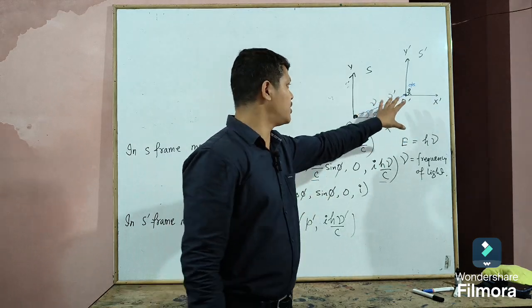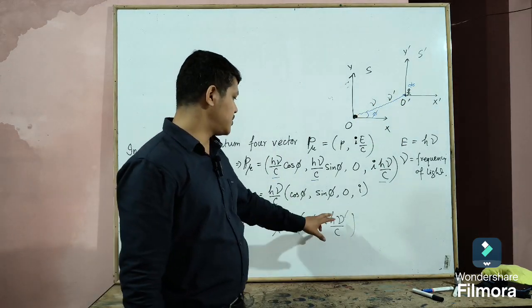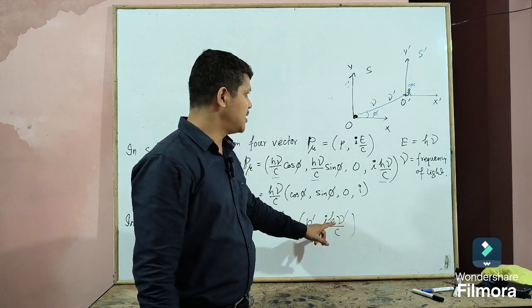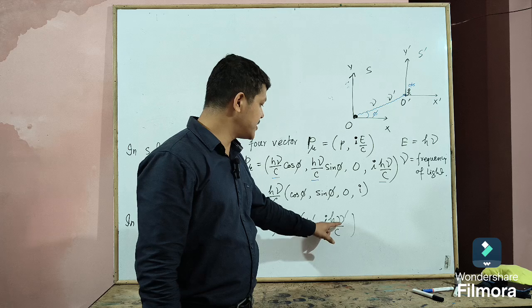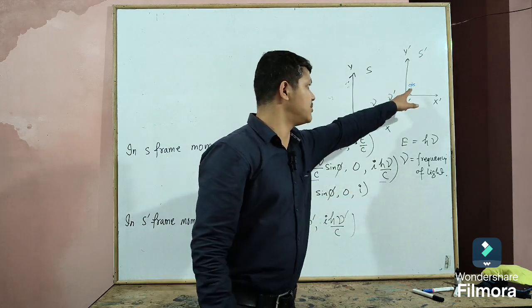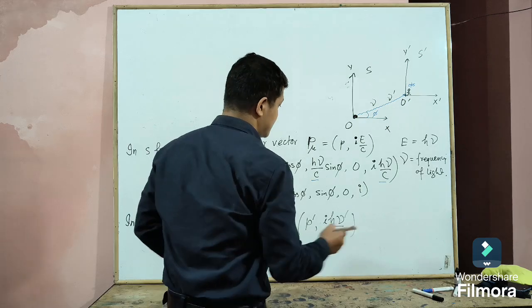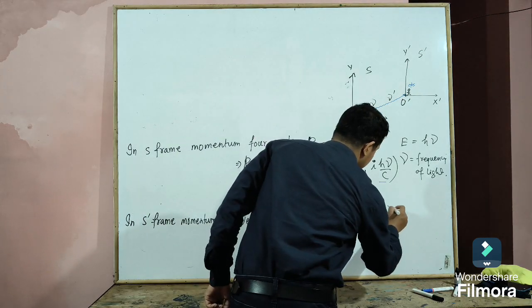Okay, relative motion of this frame. So there will be a change in frequency. And the new frequency of the light for the observer. This is the frequency of the light for the observer due to Doppler effect, right?